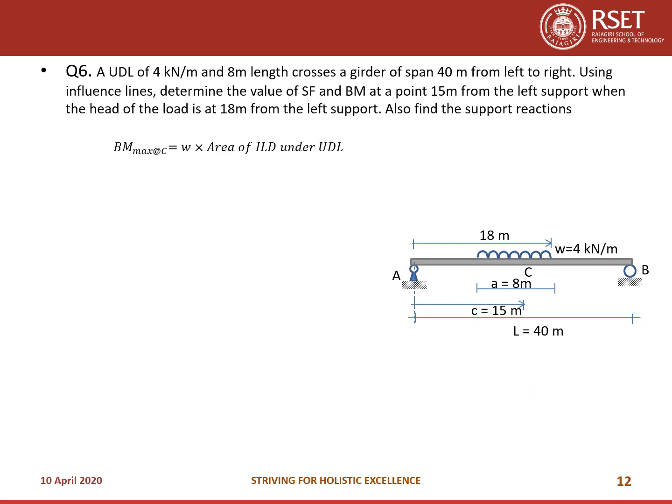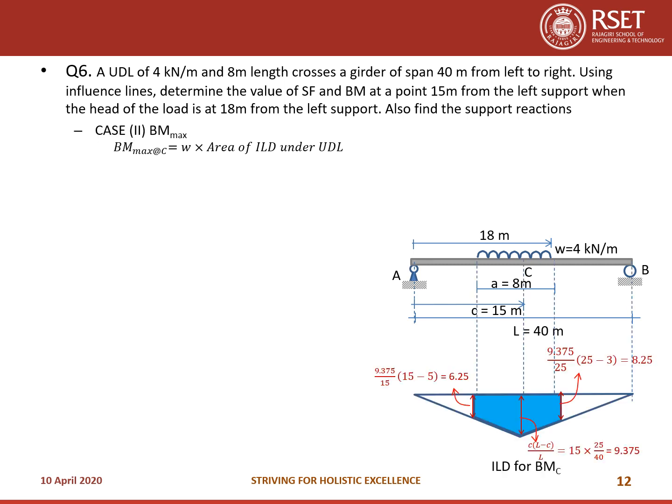Now how will you get the bending moment at section C due to this particular load kept at a distance of 18 meters from the left support? You draw the bending moment diagram at the section C, and then take the trapezoidal area and add up the entire thing. So this is how you will be getting it. There are two trapeziums.